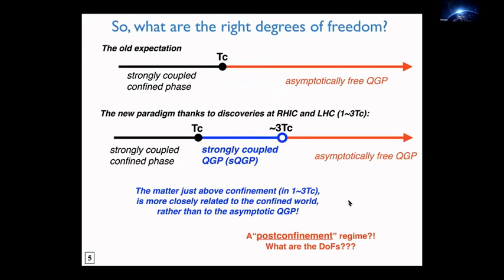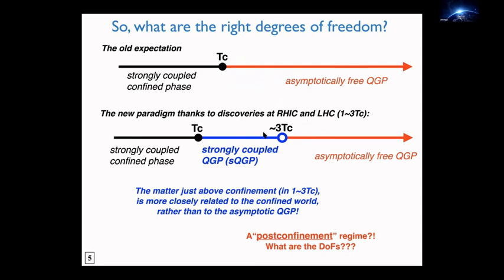So coming to quark-gluon plasma again, remember that the old expectation from the late 1970s and so on is that you start with the confining vacuum, you suddenly heat it enough that you get into a simple quark-gluon plasma. That turned out to be not entirely true. From the past two decades at RHIC, we have figured out pretty much a region from 1 times Tc to about 3, at most 4 times Tc.